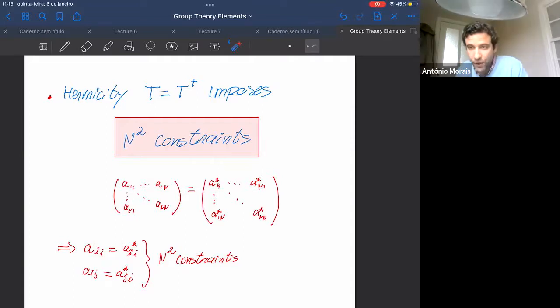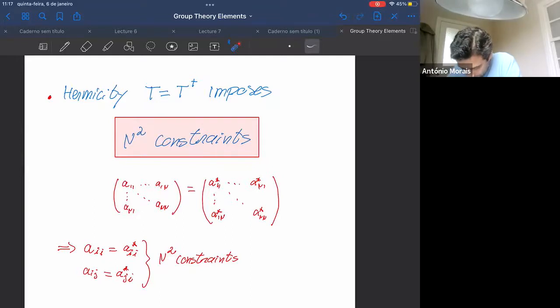And for the off-diagonal elements, you need this condition: this one has to be equal to that, by flipping the indices. So A_ij has to be equal to the conjugate of A_ji. If you count the number of indices here, this gives rise to n squared constraints, basically.